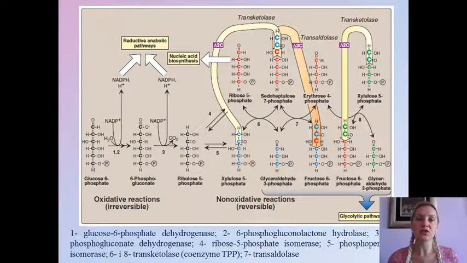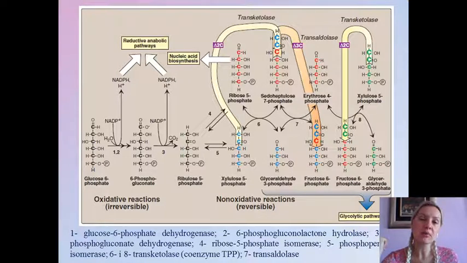So I would like to take a moment with this figure to make an overview of the overall metabolic pathway. So let's start. This is the major precursor, glucose 6-phosphate. This glucose 6-phosphate is going to be oxidized by the enzyme glucose 6-phosphate dehydrogenase in reaction number 1 of the oxidative part of the metabolic pathway.